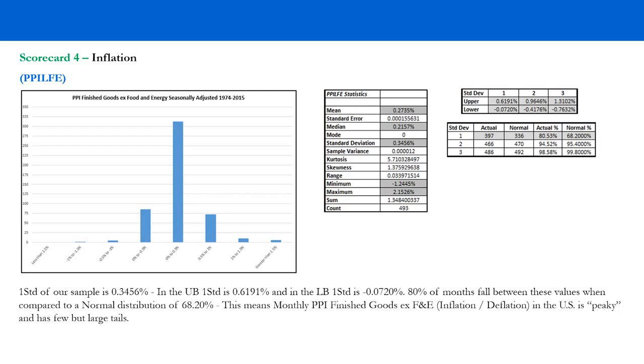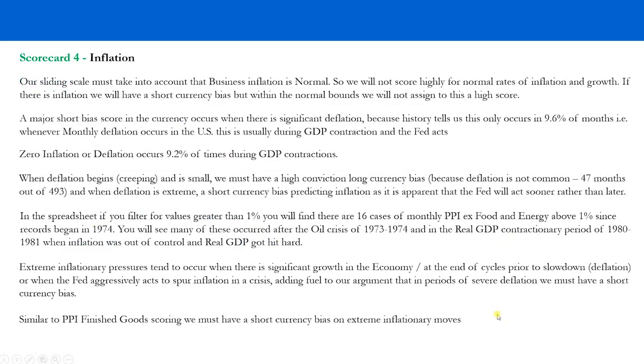So you can see here that the way in which the distribution of monthly moves in PPI inflation X food and energy behaves is extremely similar to our previous inflation stats and other macro data we've looked at on a distributional basis. So you should be getting fairly familiar with how we treat this distributional pattern when looking at macro numbers.